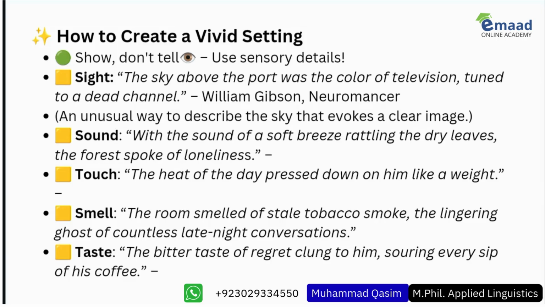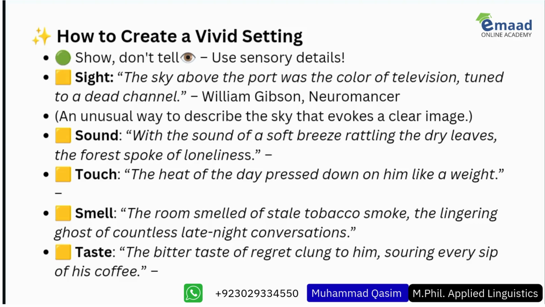How beautiful, like T.S. Eliot said, I have measured out my life with coffee spoons, something like that. So sips of coffee that you take on December nights, in snowfall and things like that. So the bitter taste of regret clung to him, souring every sip of his coffee.